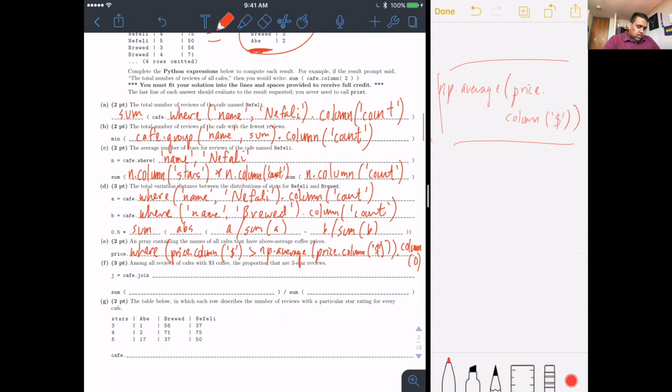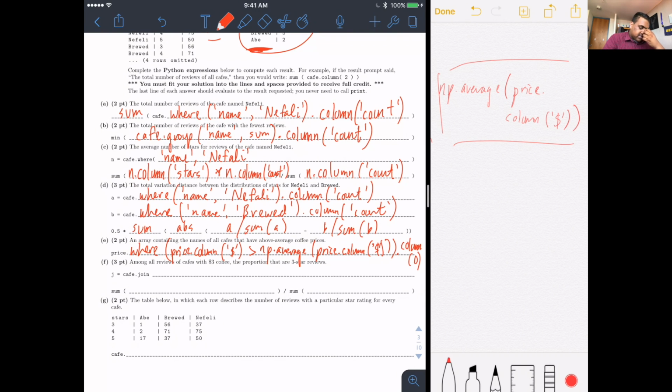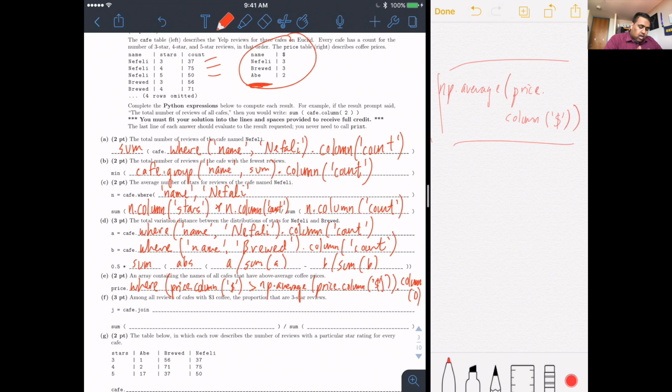Now part F, we're going to need a join, as it kind of tells us. But among all the reviews of cafes with $3 coffees, we want the proportion that are 3-star reviews. So, before we start writing the code, let's try and visualize exactly what it's asking of us.